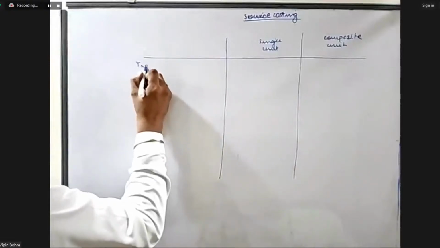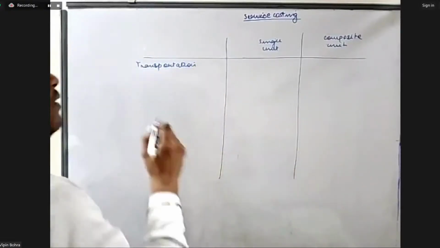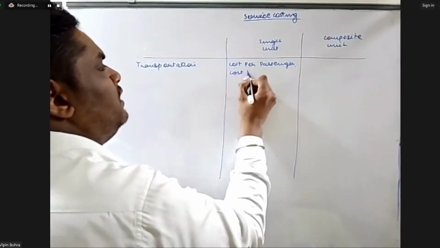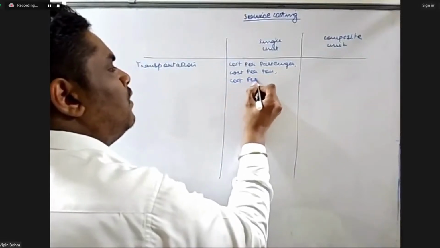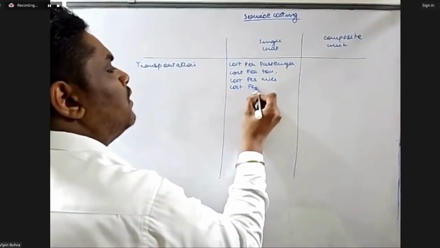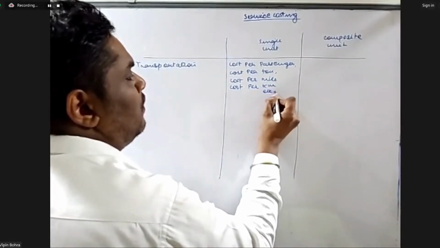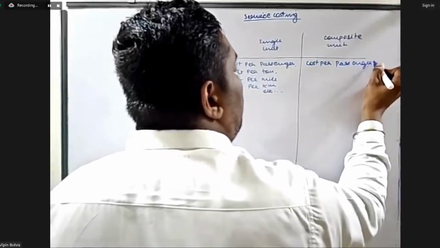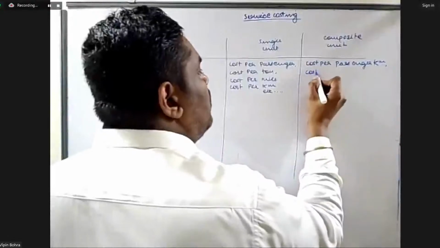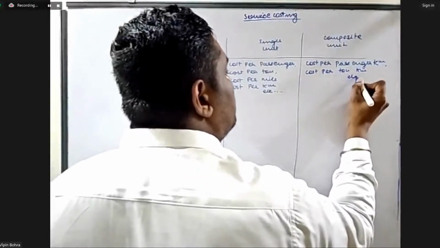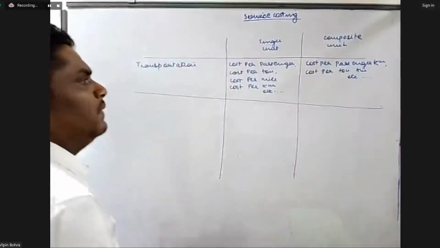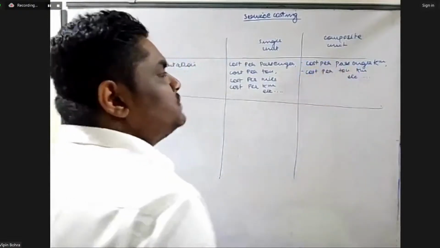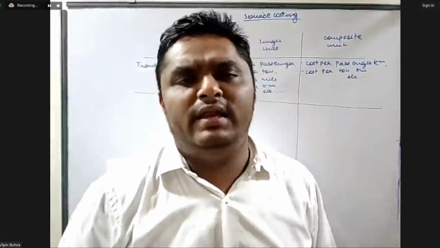When talking about the transportation industry, single unit can be cost per ton, cost per passenger as we have discussed, cost per mile, cost per kilometer, etc. When talking about composite unit, it can be cost per passenger kilometer, cost per ton kilometer, or cost per ton mile. Anything is possible.